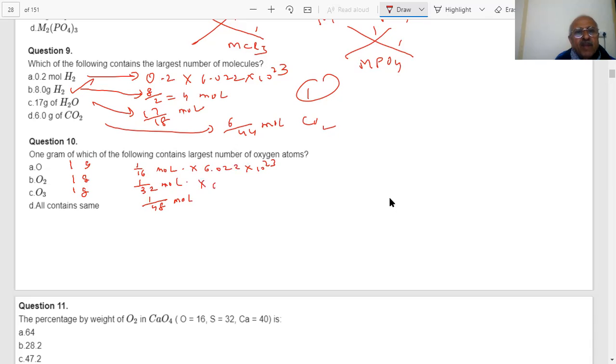Here also you multiply by Avogadro's number, but one mole has two atoms so multiply by 2 also. Here same thing, 6.022 into 10 power 23 into 3. Which is the largest value then? The C part is coming the largest value.